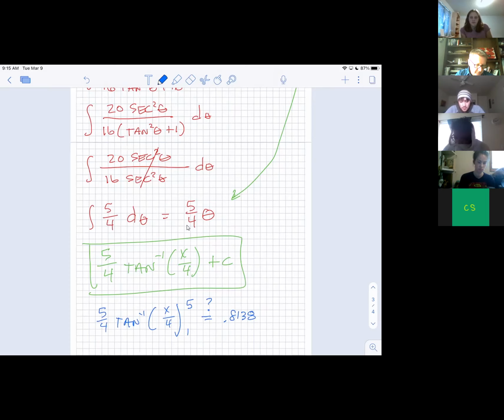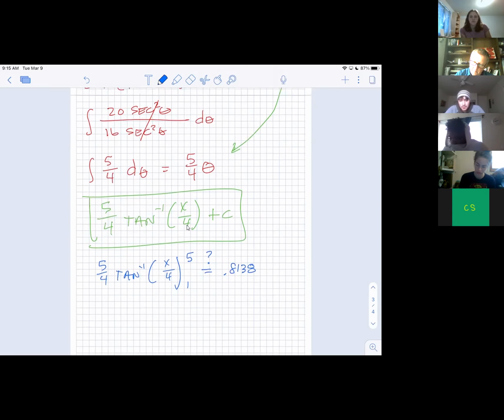Five-fourths, which is 1.25. 1.25 times the arctangent of 5/4. I got 1.12. And then I'm going to go back and put 1 in.